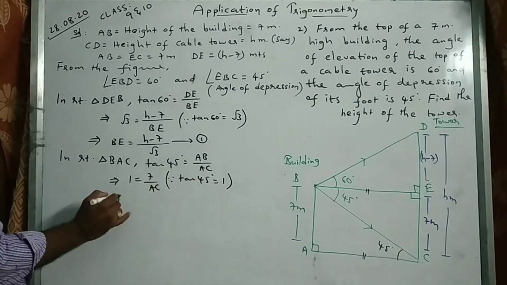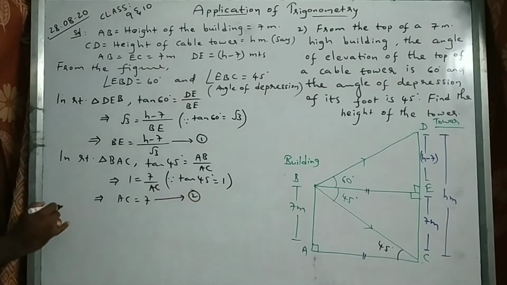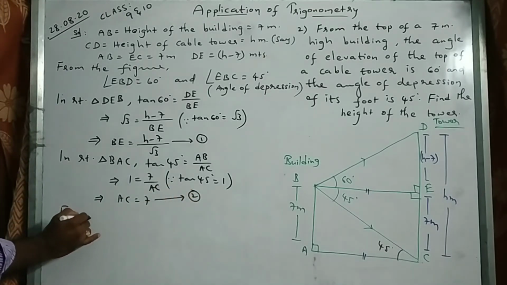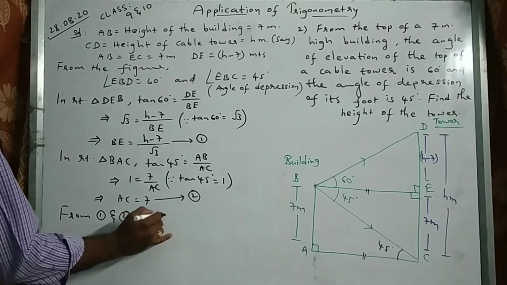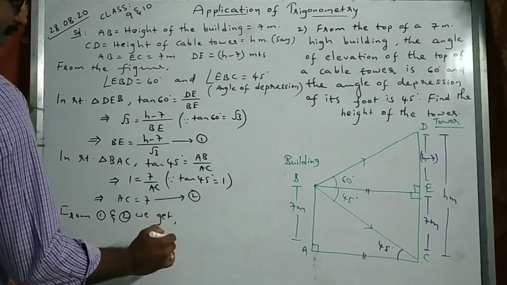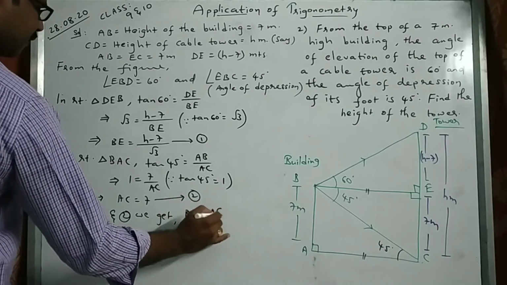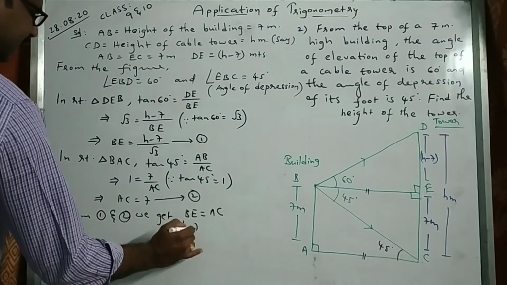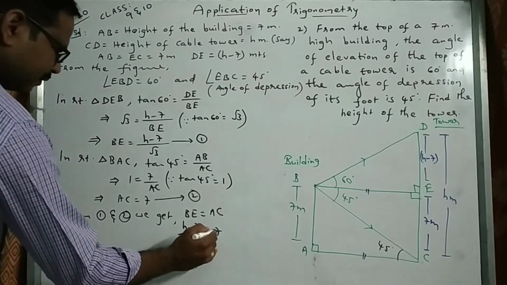So from here AC equals how much? 7. Equation 2. From 1 and 2 we get BE equal to AC. BE value H minus 7 upon root 3 equals AC value 7.